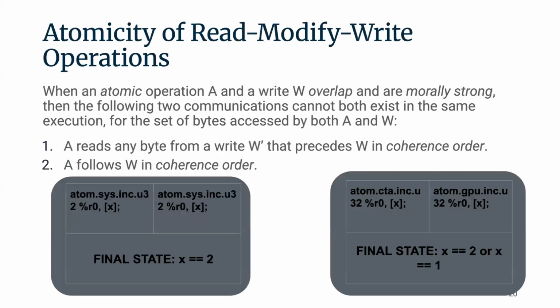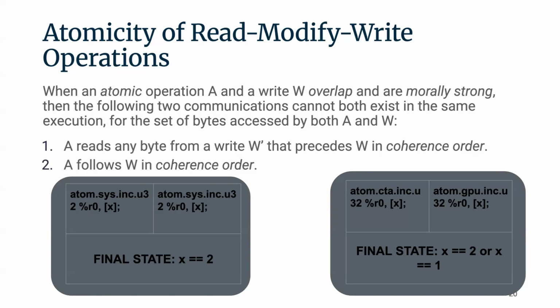The more important part of the atomicity axiom is for the atomic operations. When an atomic operation A and a write W overlap and are morally strong, only one of these two can happen: the atomic operation reads any byte from a write W prime that precedes W in coherence order, or A follows W in coherence order.